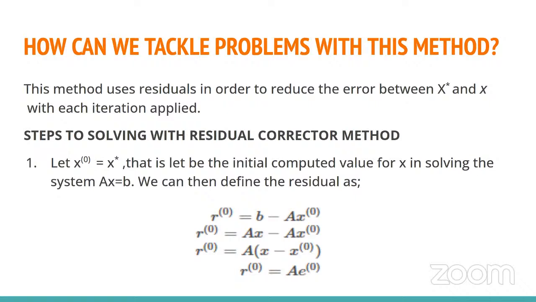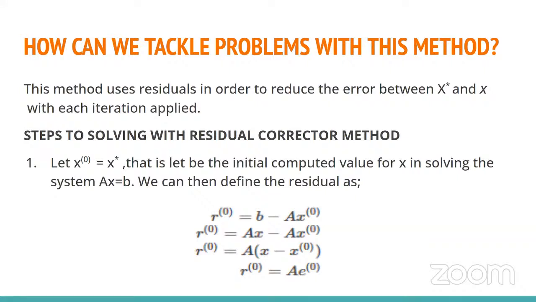So we have R naught equals, you simplify for that. Remember your B is AX, then minus this, you get to this point. I've explained this before, but we are dealing with the initial, so this is what we get first. As we move forward, we will get to a point where we get R1, R2, like that, depending on the residuals that are there.